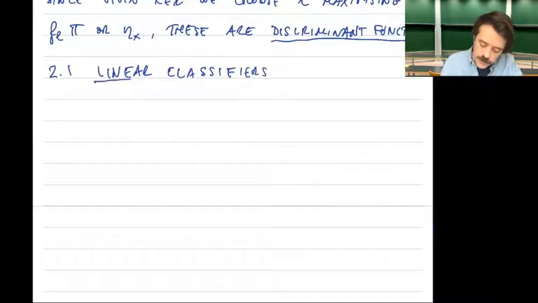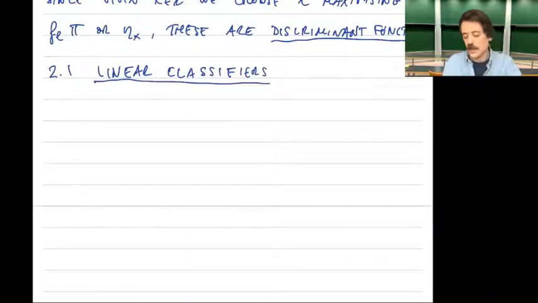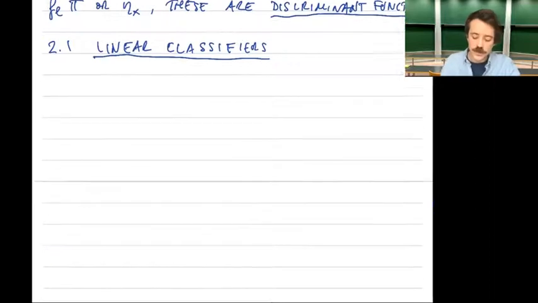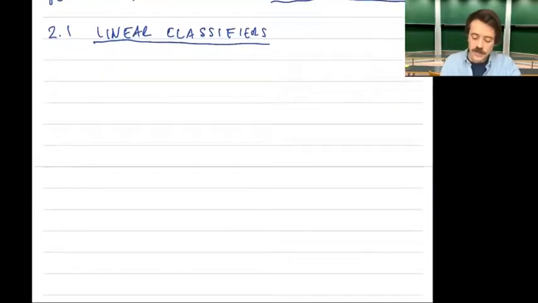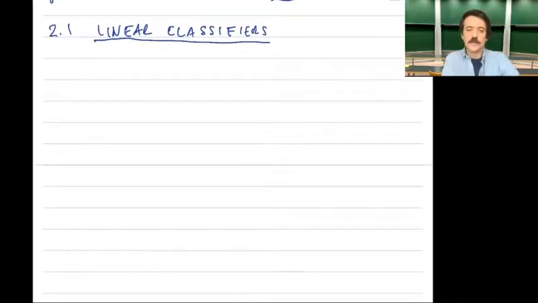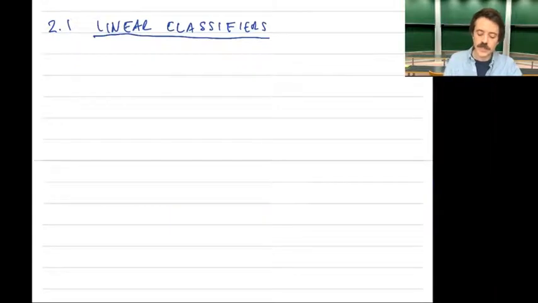Linear classifiers are a lot easier to interpret. In some sense this is related to GLMs, not the whole thing, of course, but we'll see that we have binomial regression as one of the linear classifiers.